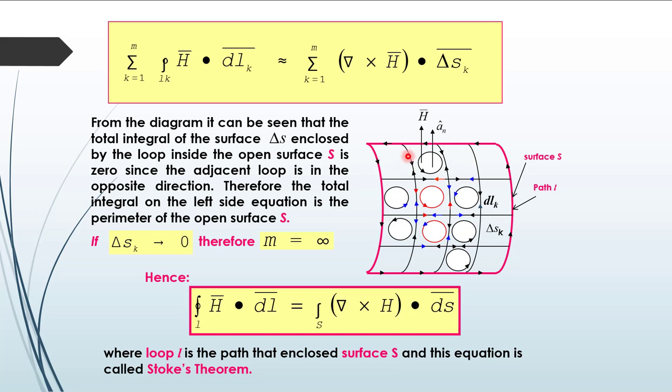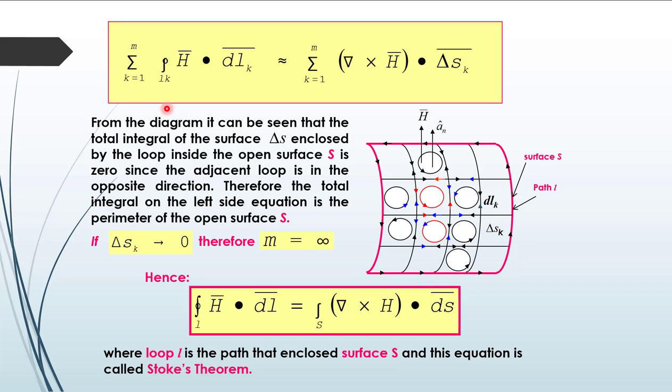So at this edge, one H is going in this direction, and the other H, because of the adjacent area, will come down in this way. These two components of H bar at the edge will cancel each other. Similarly for this part and this part. So all H components of adjacent areas delta S will cancel each other. Only the H components at the outer edges need to be considered.